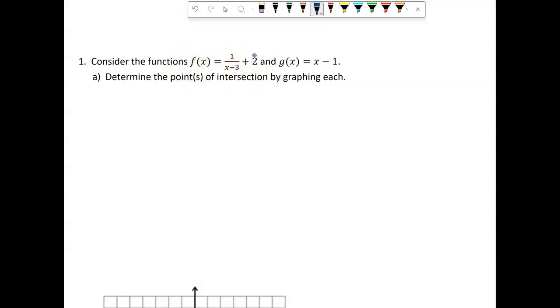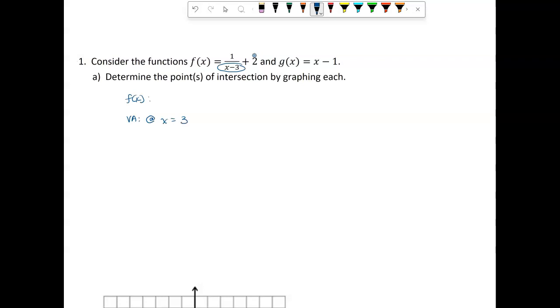If I look at the rational function f of x, things I'm going to want to pull out are the vertical asymptote, which if you recall happens because of the denominator. So we know it's going to happen at the equation x equals positive 3.